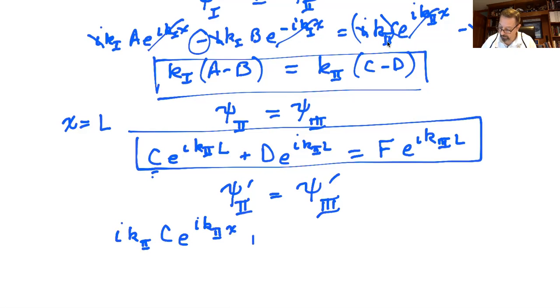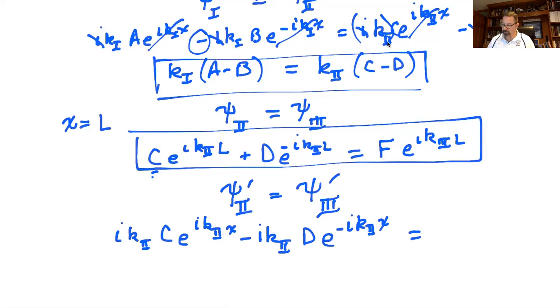I'm not going to write a plus sign there because I'm going to bring down a minus iK, aren't I? I see an issue. Now that I look at it, look right here. Isn't there a negative sign right there? Yeah, keep me honest on things like that. I've got to get the signs right. Otherwise, everything will not come out to the answer I need. Okay, so minus i K2, region 2, times D e to the minus i K2 times x. All of that has to be equal to the derivative on the other side.